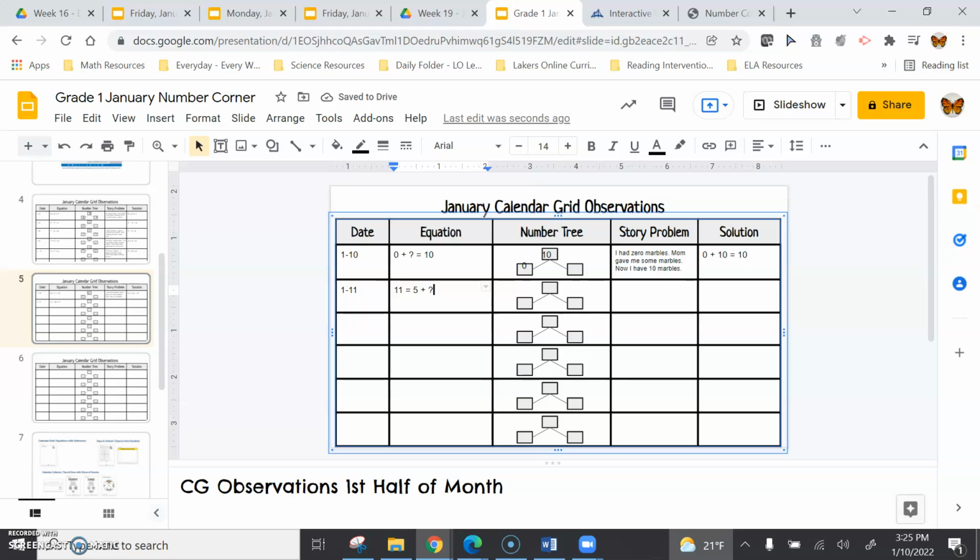We'll use that information to help us complete this. 11 is equal to 5. We'll say 11 equals 5 plus, and we have to figure out what that plus is. So we'll go here.